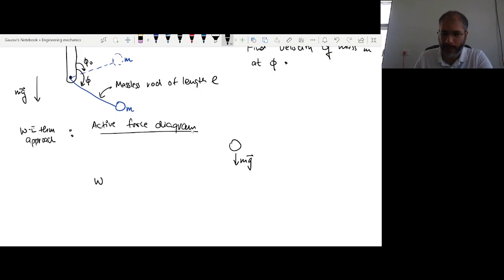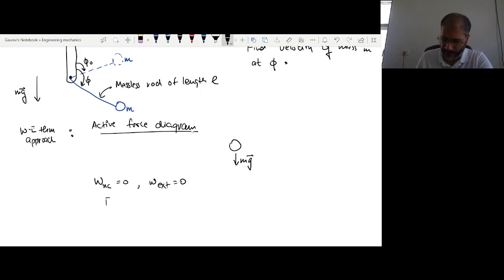So we say that the work done because of this force, we will apply the form where we have the potential energy. There is no non-conservative internal force, so there is no work done because of that, and there is no external active force as well, so that becomes 0 as well.